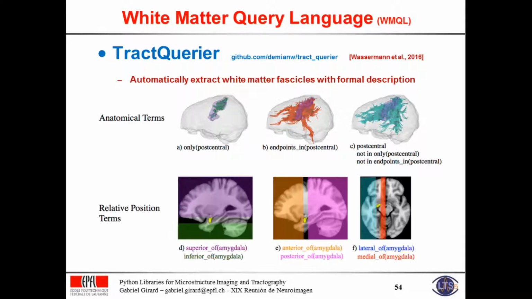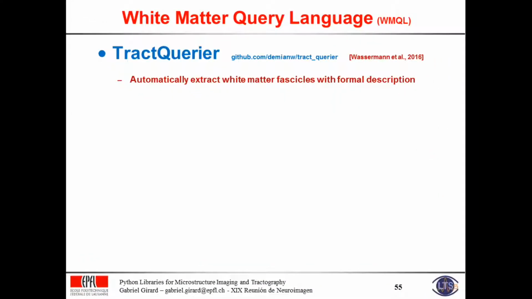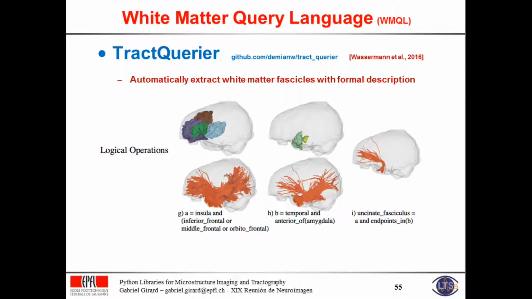But essentially, it allows you to define in a rigorous way what the tracts in the brain are. You use logical operations to define, I want the streamlines that go in this label of FreeSurfer and in this label of FreeSurfer, and do not go below or posterior to another label.